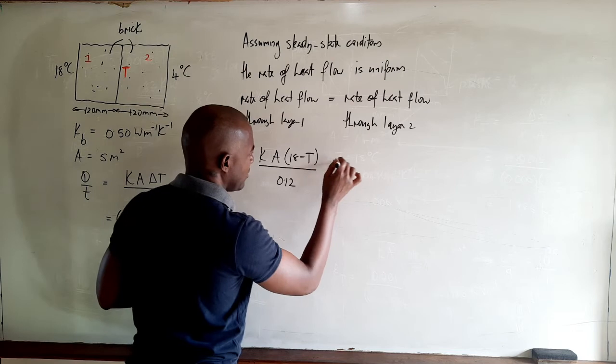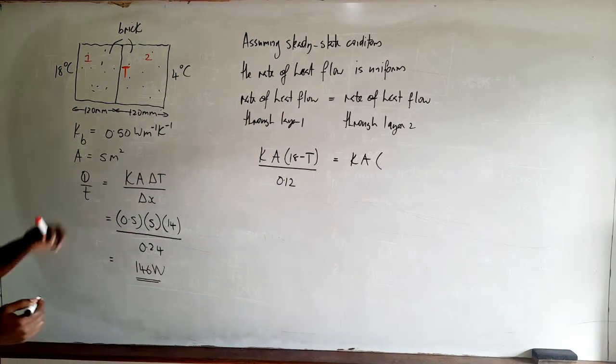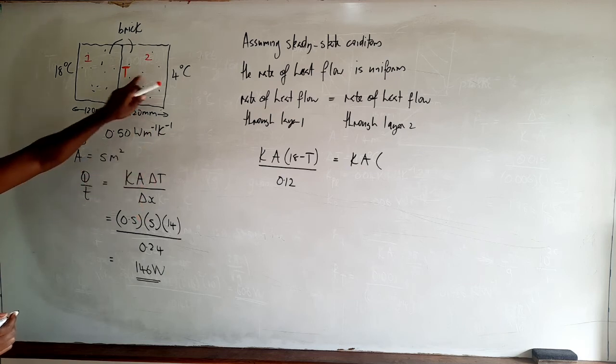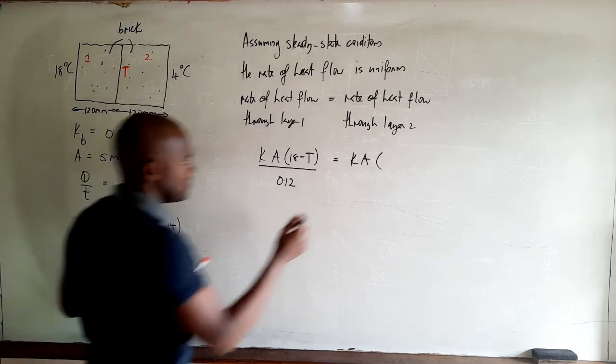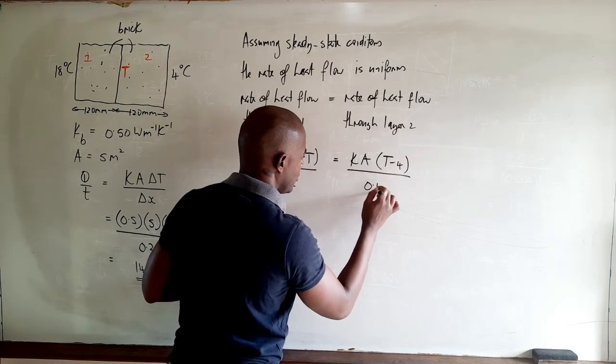In the case of the second layer, the temperature difference delta T would be T minus 4, over the same thickness, 0.12.